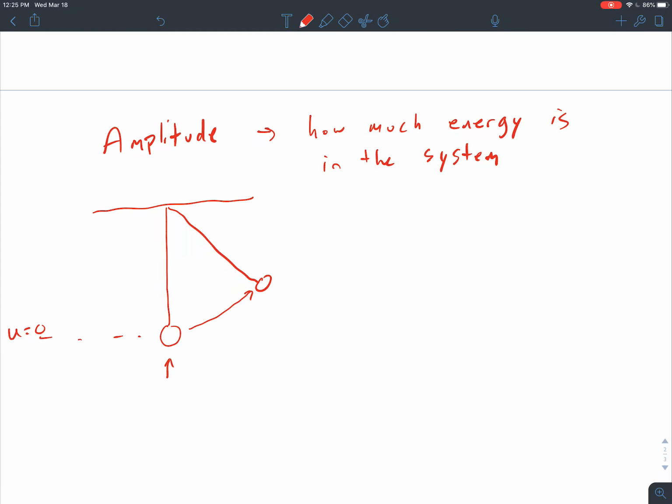You know, you add that, you increase the gravitational potential energy, mgh, and the height is, of course, related to, if this was length L, this would be mgL(1 minus cosine theta).